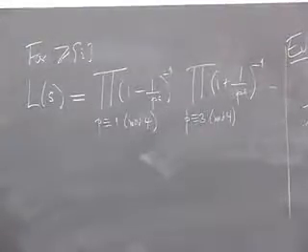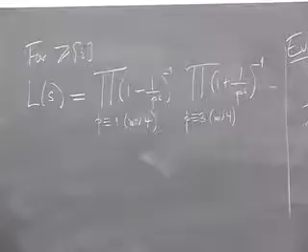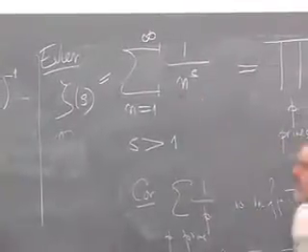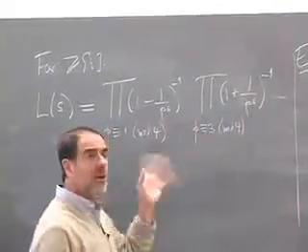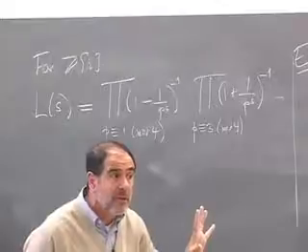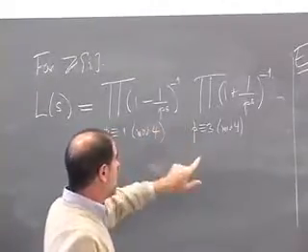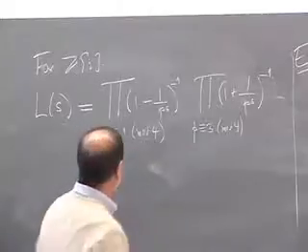Okay? Now let's do the Euler business of recombining these products into some sum like this. And you see that you have all the odd primes here. So when you multiply these things out, you're only going to get the odd numbers. If the numbers are congruent to 1 mod 4, they're going to appear with a plus sign. And if they're congruent to 3 mod 4, they're going to appear with a minus sign.